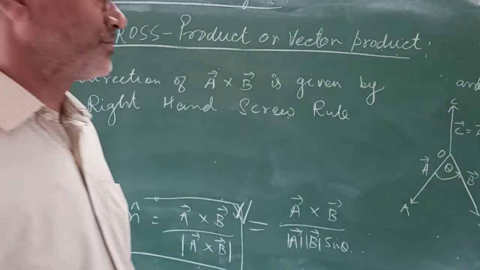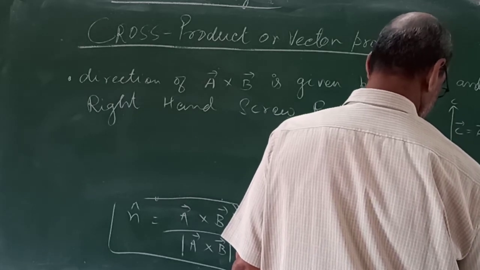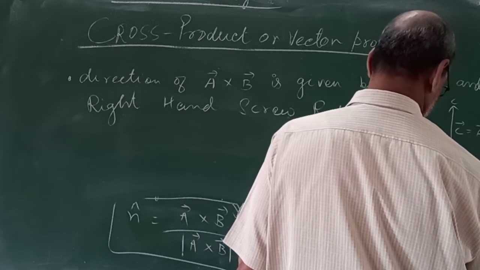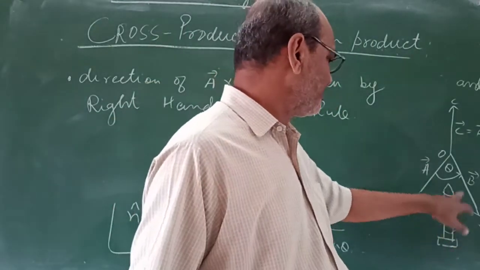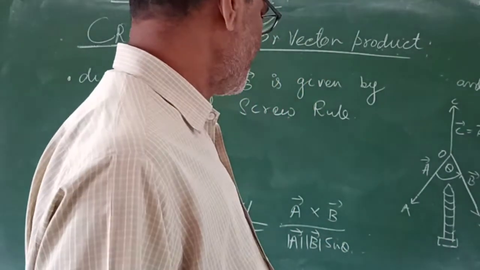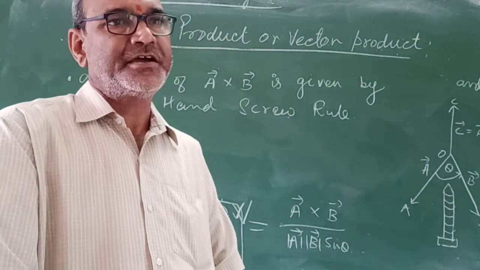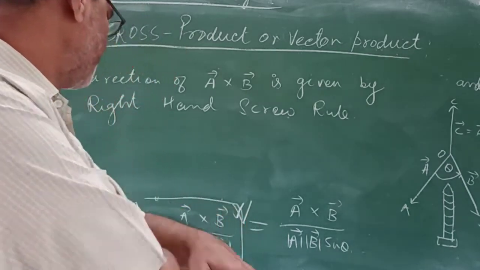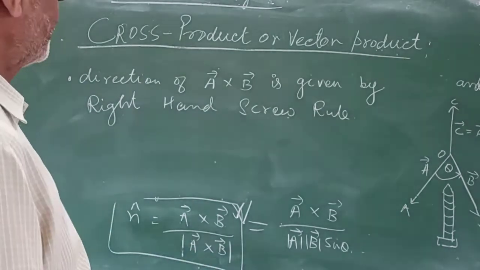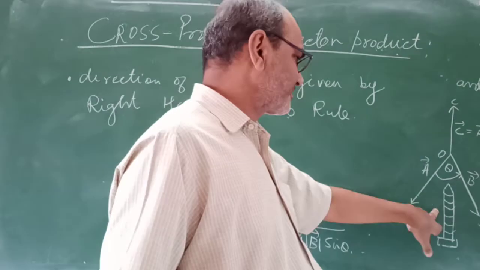If you place a right hand screw and then rotate it, this gives the direction of the resultant vector R, or resultant vector C. Therefore, we can determine the unit vector n cap is equal to A cross B by the modulus of A cross B, and the direction of A cross B is given by the right hand screw rule.